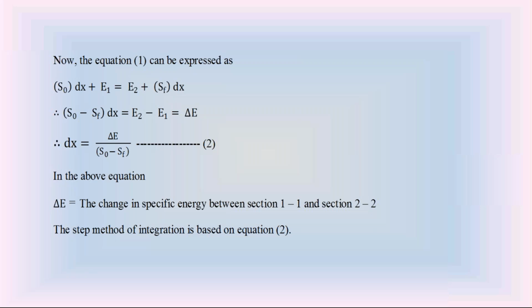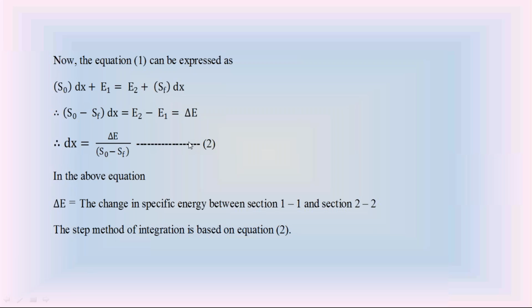So in equation 2, dx is the length of the water surface profile in the small portion of channel, delta E is the change in the specific energy from section 1 to section 2, S0 is the channel bottom slope, and Sf is the total energy line slope from section 1 to section 2.